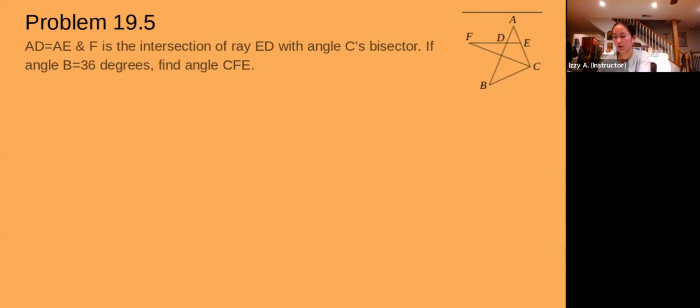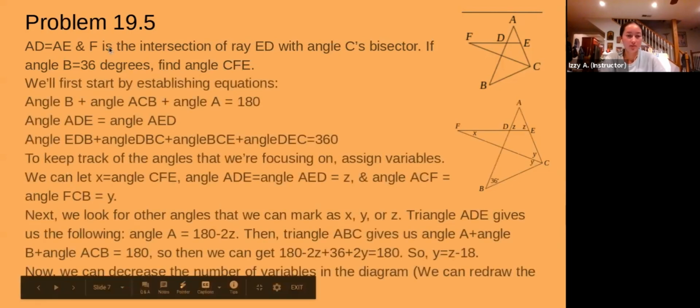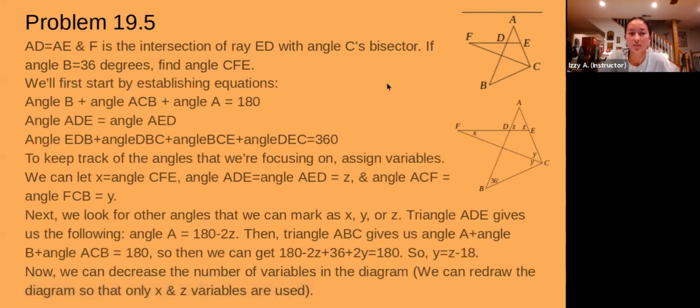Okay, I will go ahead and go over this problem. As I was saying, to give a hint in the beginning, first you could have established equations. One equation you could have established was angle B plus angle ACB plus angle A is equal to 180 degrees.